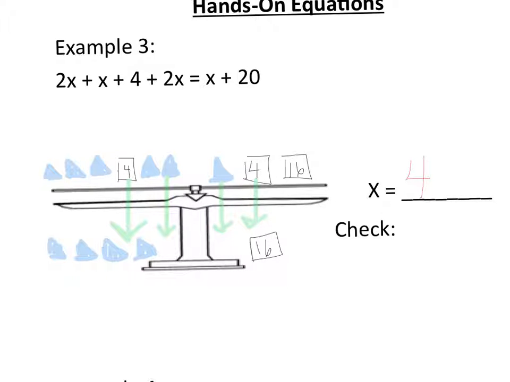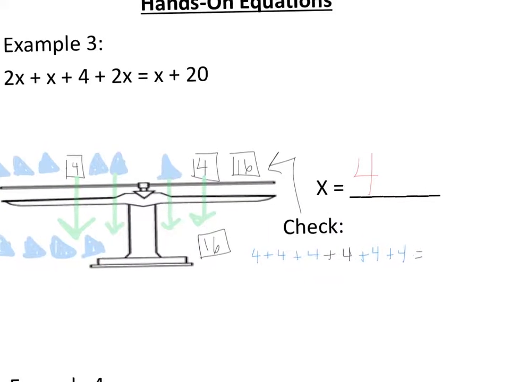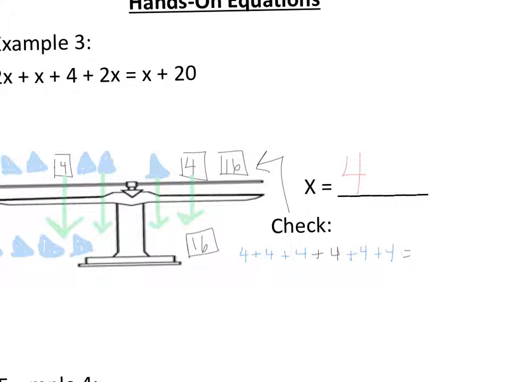We're going to check our answers. We are saying that 4 plus 4 plus 4 plus 4 plus 4 plus 4 equals 4 plus 4 plus 16.